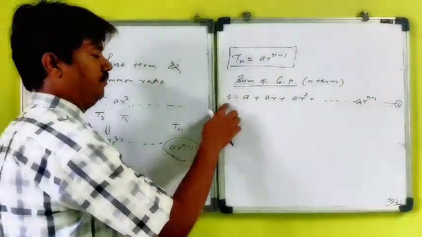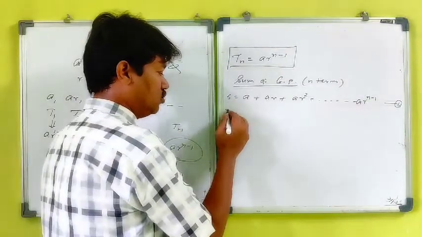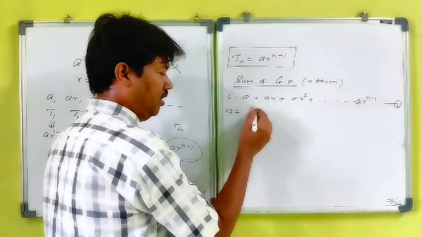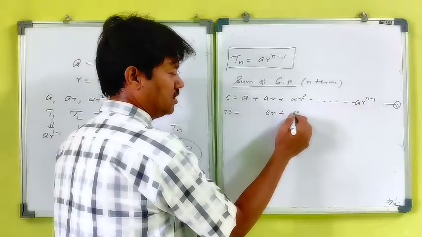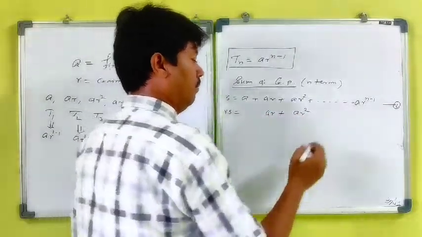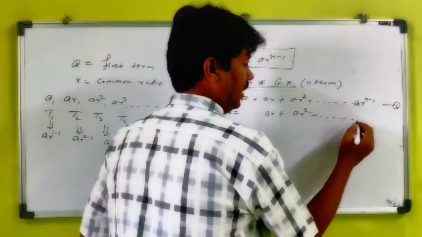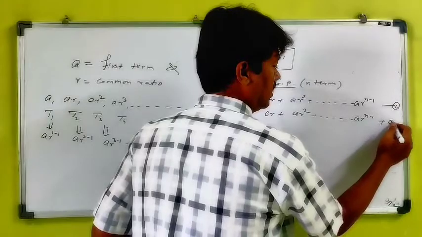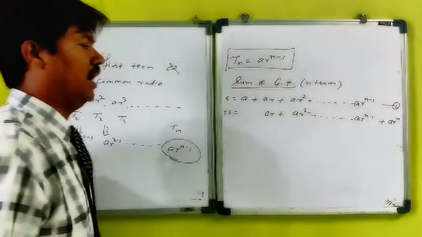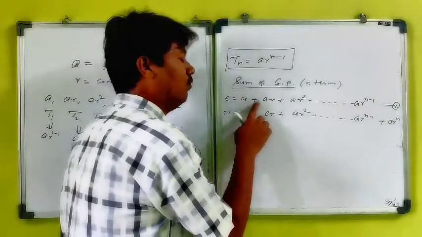Multiply this with R, so it becomes RS, which I am writing below: AR plus AR square plus, like that, up to AR raised to n minus 1, and one more term will come, that is A R raised to n, because you have to multiply R with each term.